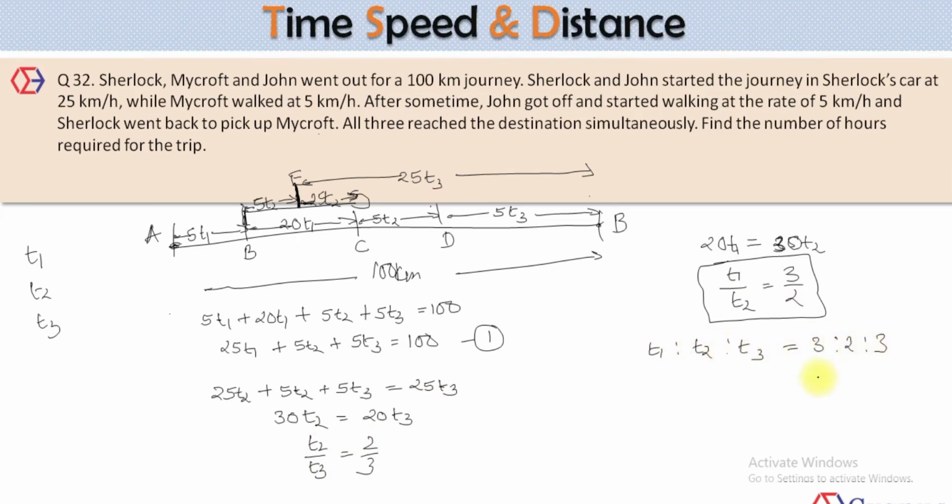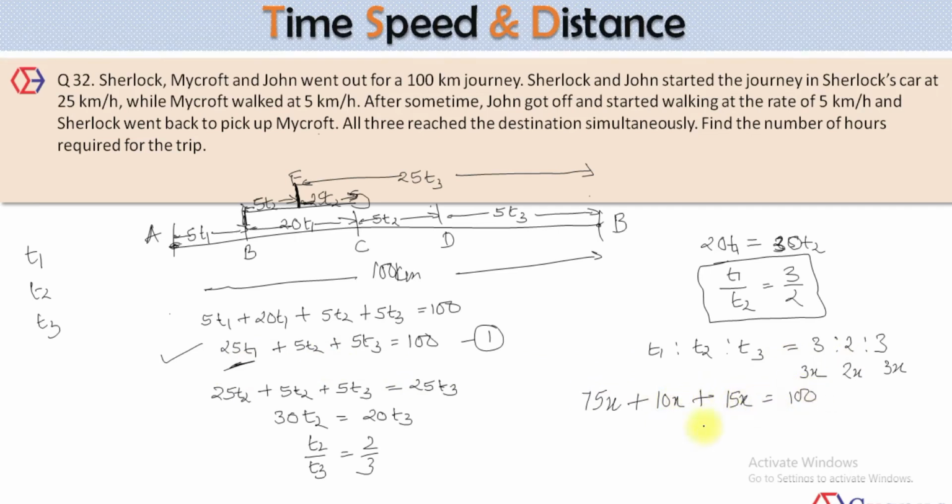Let's take this time in terms of x, that is 3x, 2x and 3x, and put the values in this equation. So 25 T1 plus 5 T2 plus 5 T3 is equal to 100. What is the value of T1? 3x, and put 3x in. So it becomes 75x plus 5 T2 means 5 into 2x, I'll get 10x plus 5 T3, so I'll get 15x more.